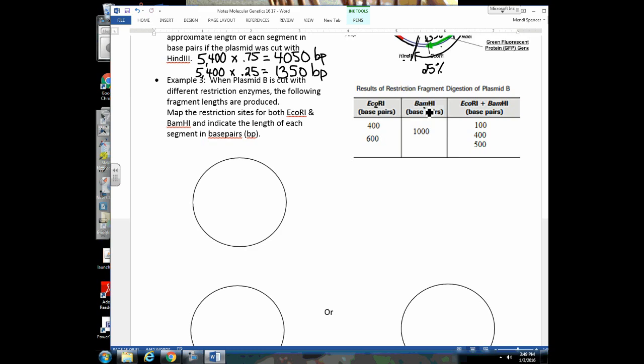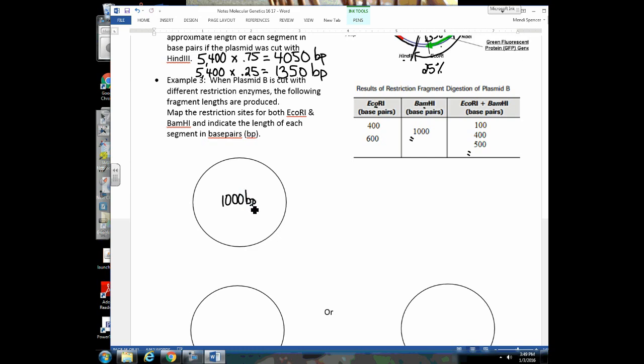So with this information, they want us to show on this plasmid where the different restriction sites are for both the EcoRI and the BamHI restriction enzymes. They also want us to indicate the lengths in base pairs of each of the segments of the plasmid. First of all, you can tell from here and from here the length of our plasmid. Our plasmid is 1,000 base pairs long.